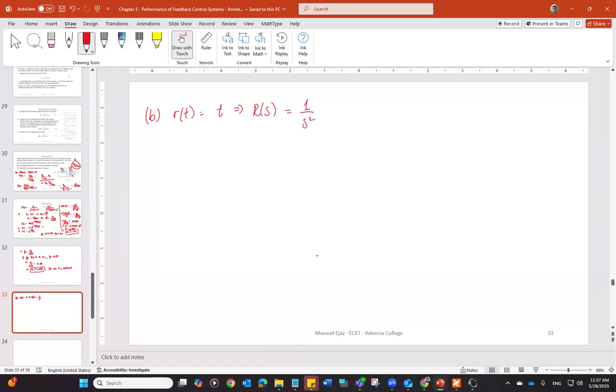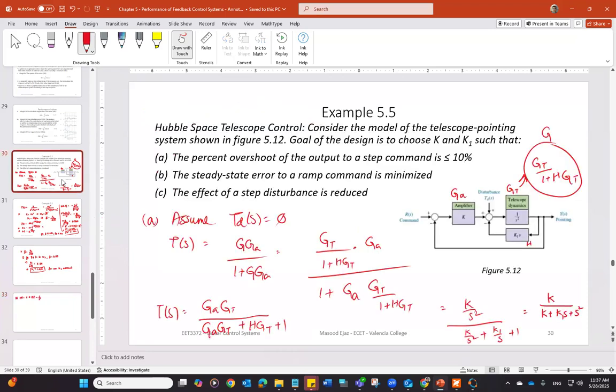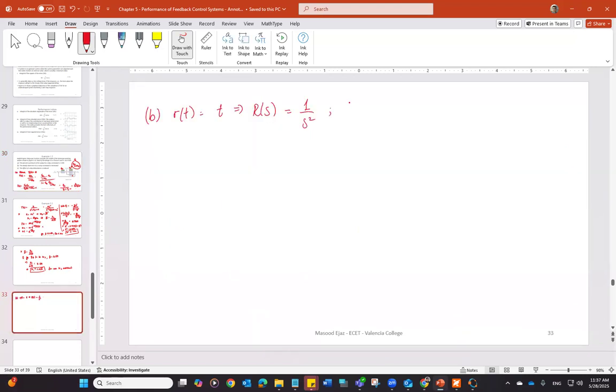And we want the steady state error to be minimized. So we are going to write down the equation of the steady state error to a ramp command, again assuming the disturbance is 0. So the input is activated, and the disturbance we are assuming to be 0 at this time.